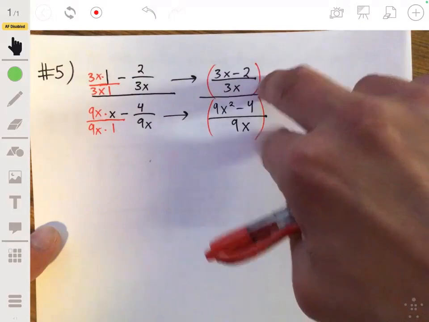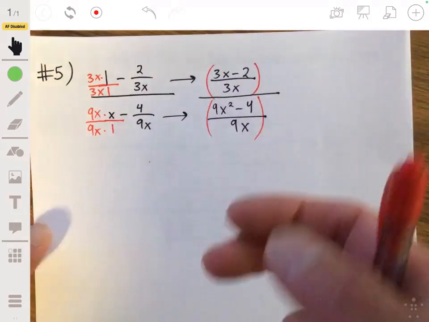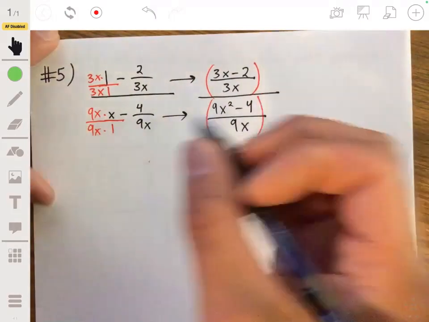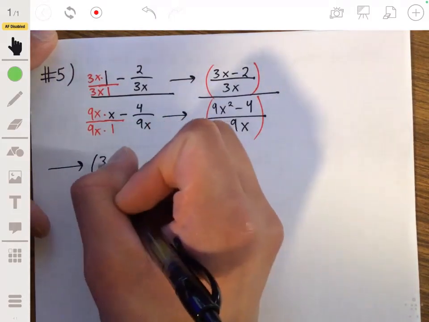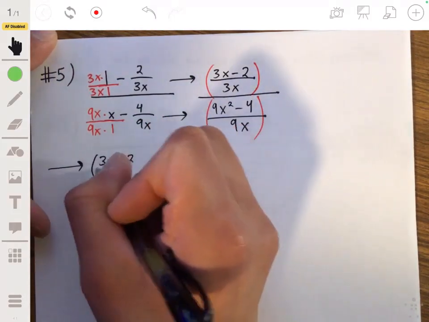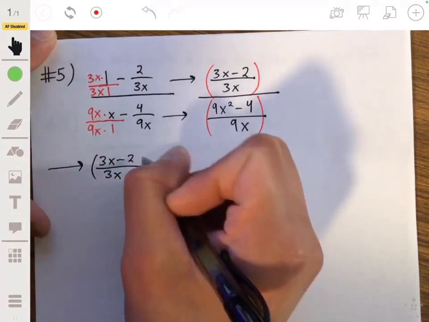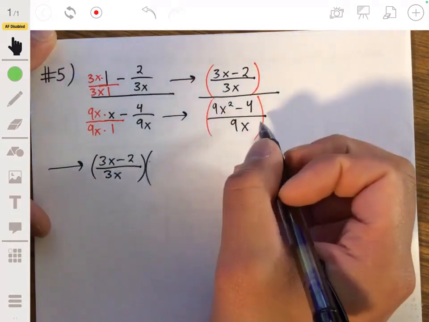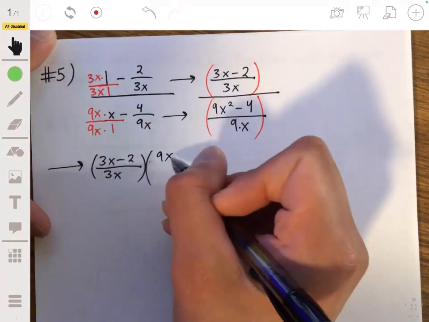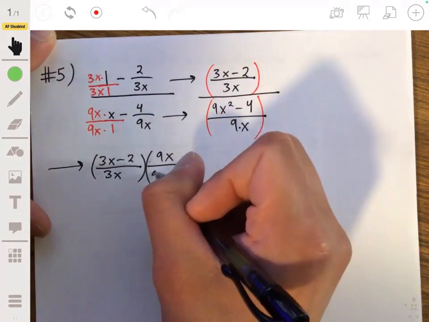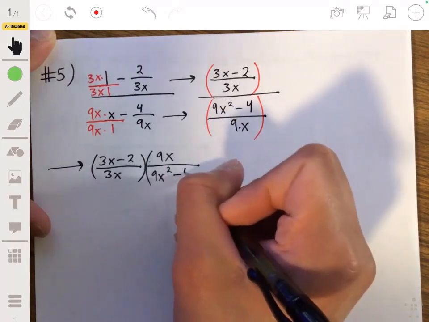Then we go ahead, we multiply by the reciprocal, we flip it over, or just flip the denominator over, that is. So we're going to get 3x minus 2 over 3x multiplied by 9x over 9x squared minus 4.